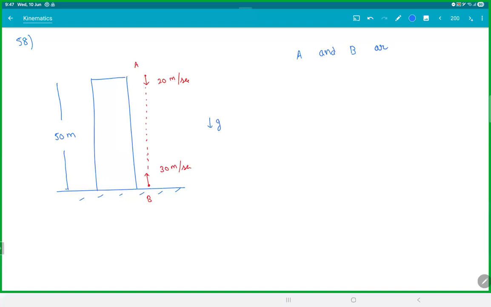A and B are projected towards each other along the same line from a building as shown. So they are going to collide. Find the time and the position where they collide.